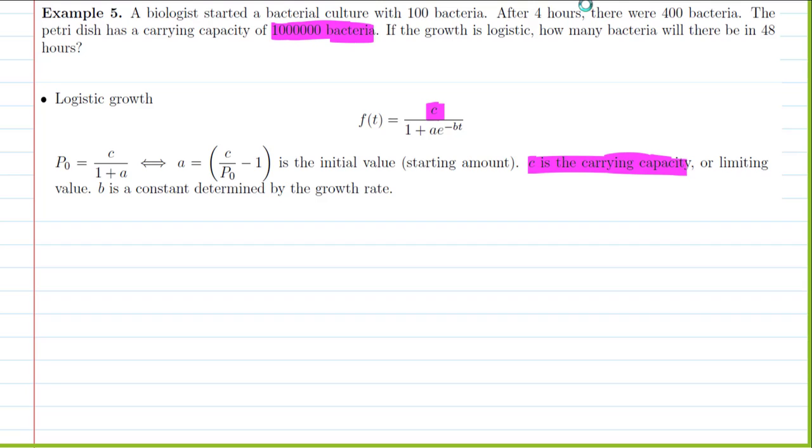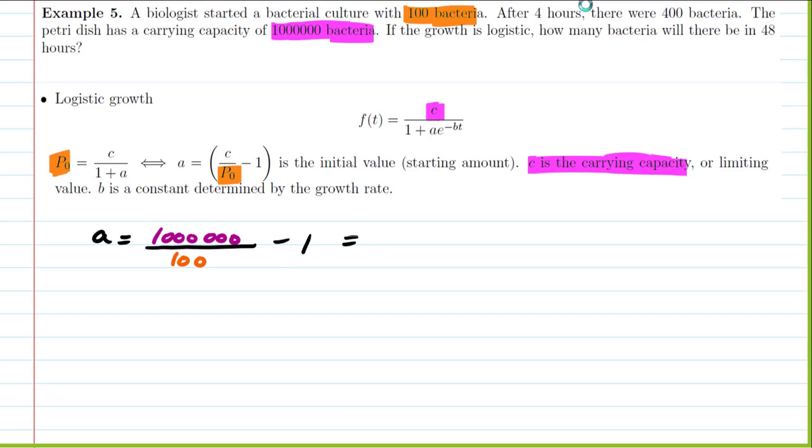And then we have our starting amount is 100 bacteria, which is P naught, but we don't have a P naught in our formula, we have an A. So to calculate the A, which we need, A is equal to C, which is our carrying capacity, so 1,000,000, divided by our starting amount, which is P naught, which is 100, take away 1.